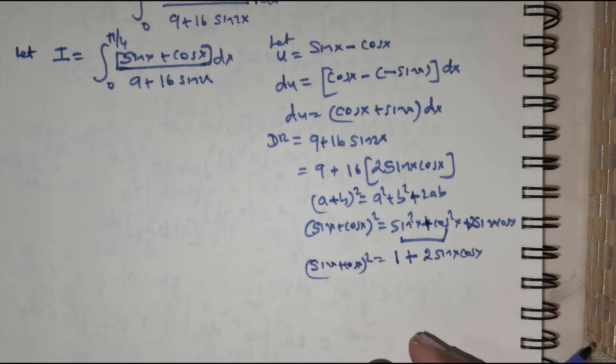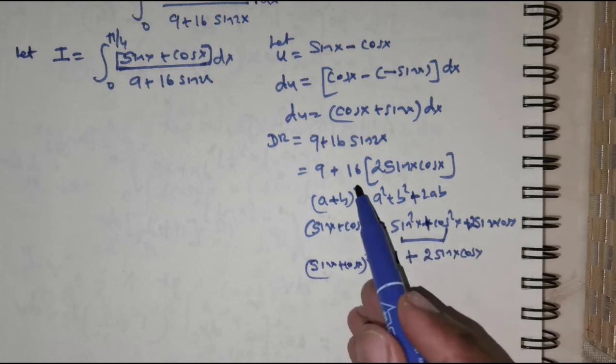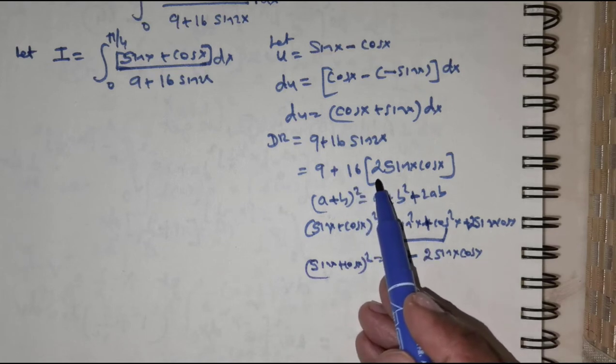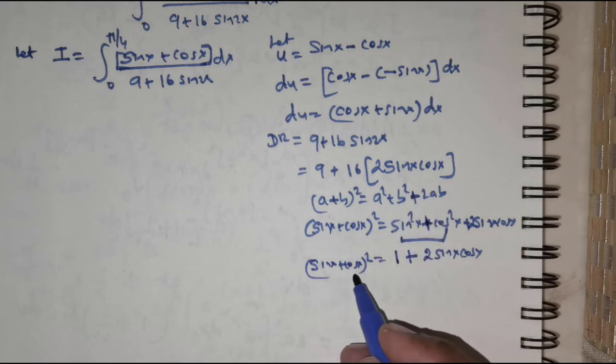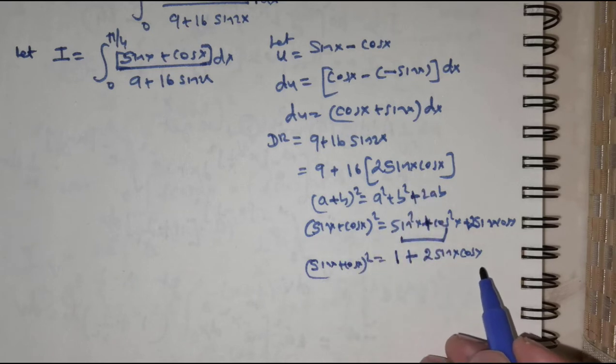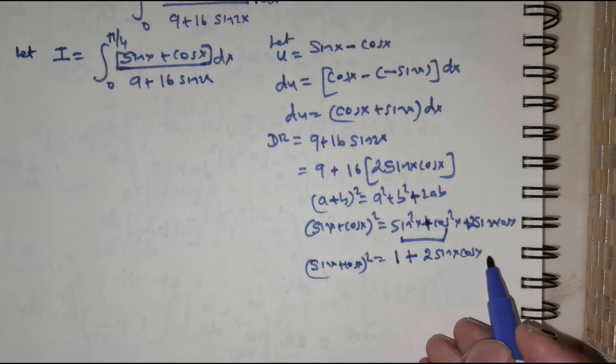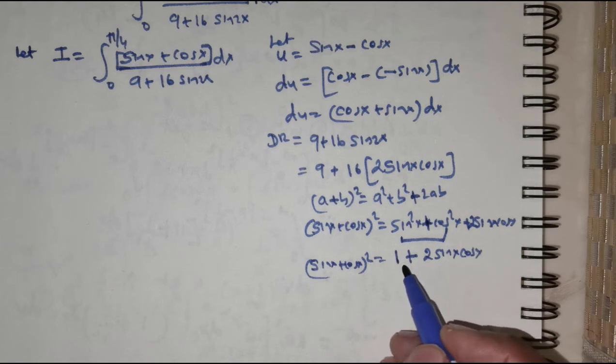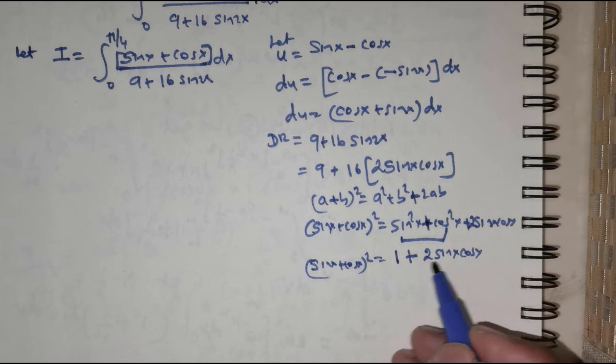Now if I were to represent 2 times sin x cos x using (sin x + cos x) raised to the power of 2, the only thing that I should add is a negative 1, to get rid of this positive 1.